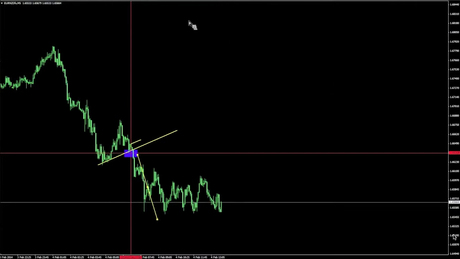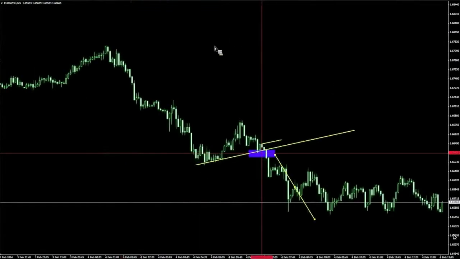Once we found that pattern, we go down to a 5-minute chart and try to find an entry in the same direction using the profit target from the 30-minute chart, but we want to dramatically decrease our risk. So we've changed this from a 100-pip stop loss to a 20-pip stop loss.